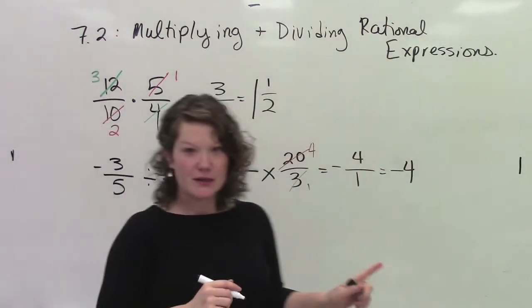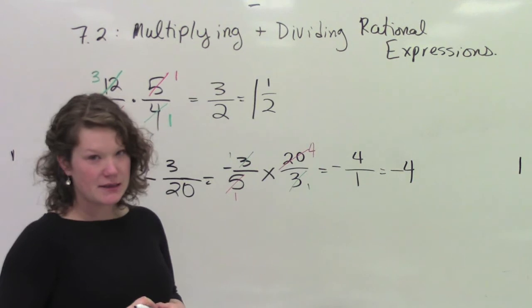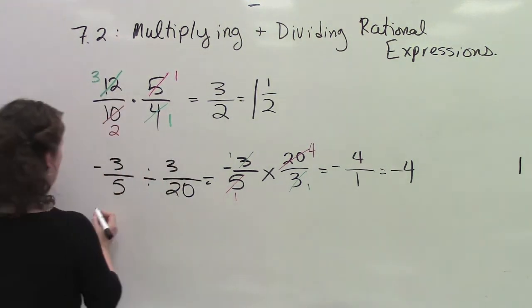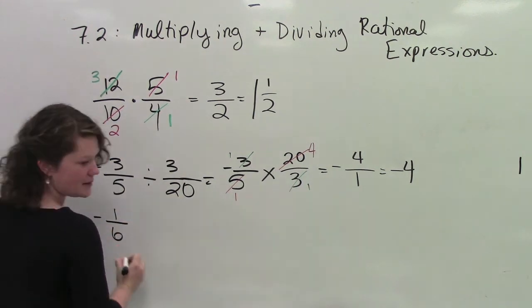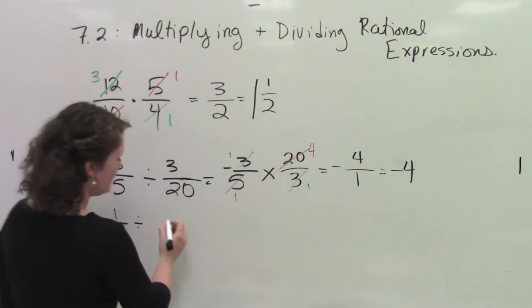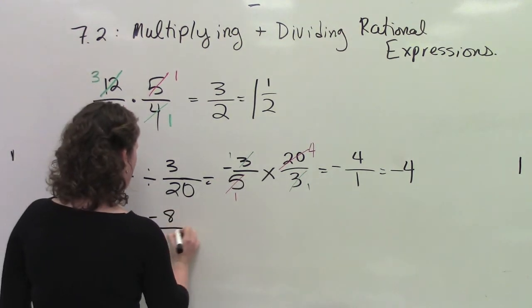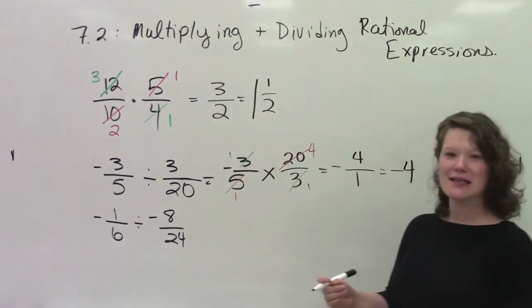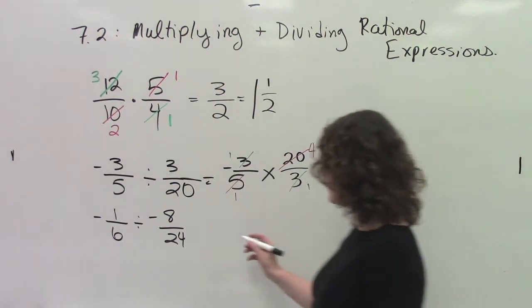One more example. This one has a little bit more intense canceling. So we have negative 1 over 6 divided by negative 8 over 24. Again, we want to multiply by that reciprocal.